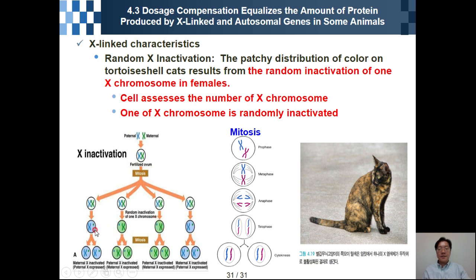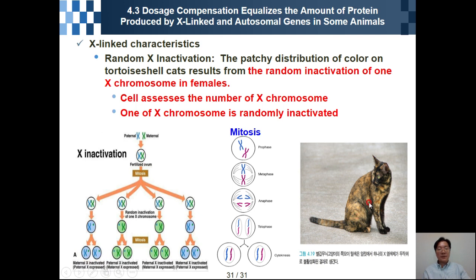This cell also did mitosis, and each cell becomes 2. So in the coat, some regions have only one kind of cell.